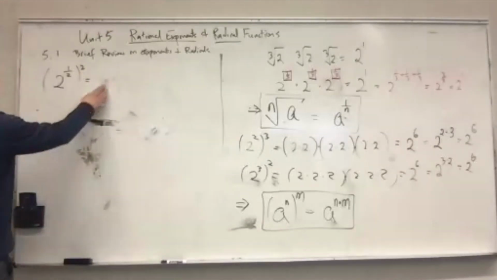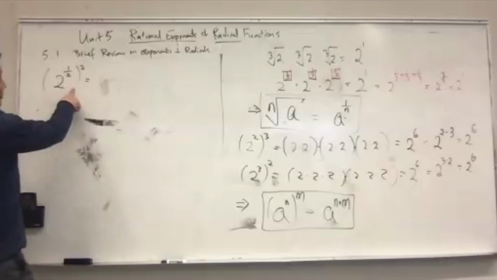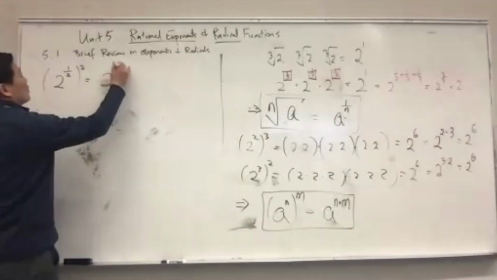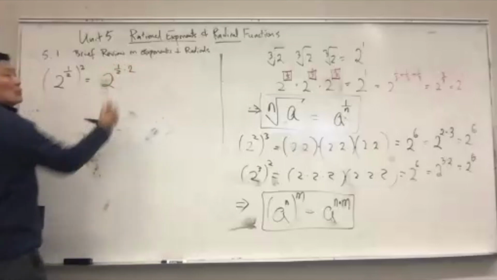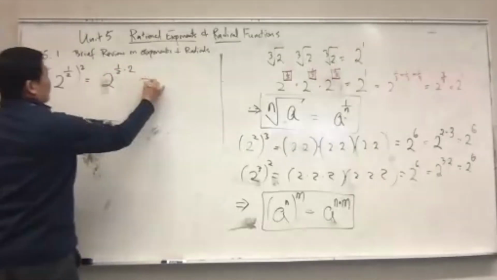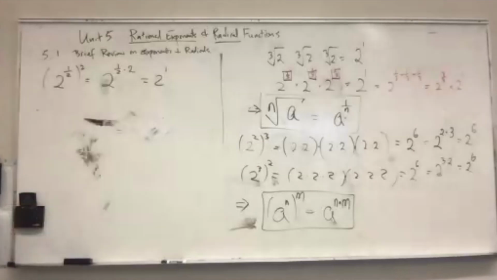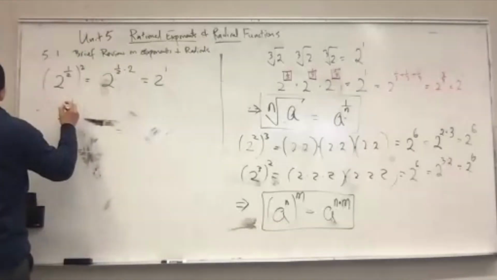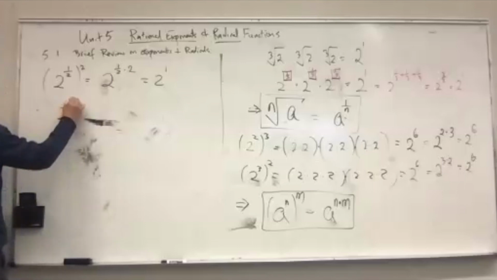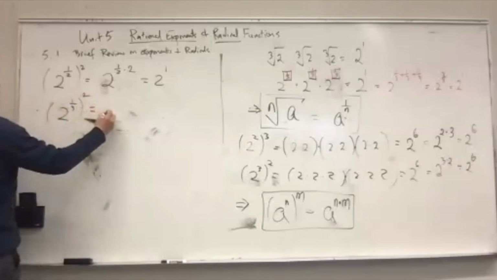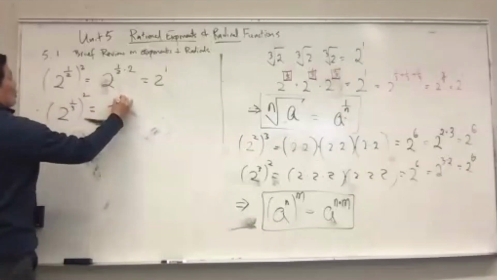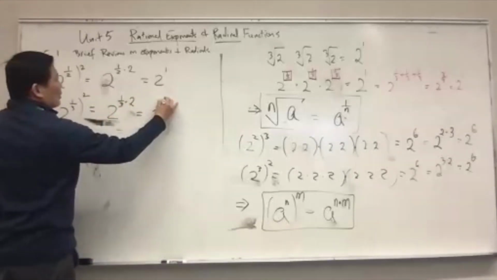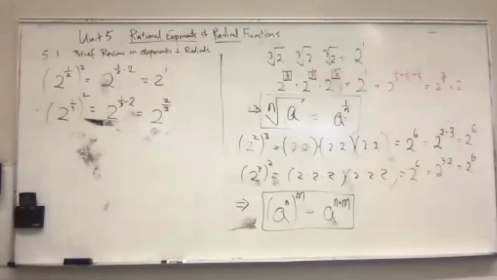If we use this process, this just means 2 to the 1/2 times 2, which is in this case 2 to the 1. Okay, let's keep going. 2 to the 1/3 power squared. Then we got 2 to the 1/3 times 2, which is 2 to the 2/3 power.